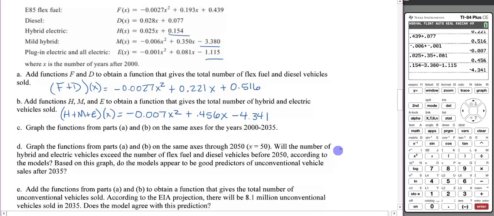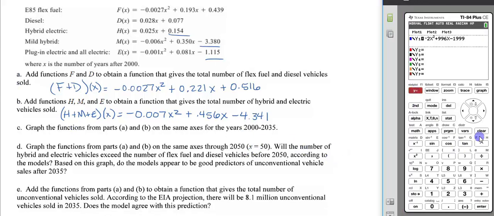Let's graph the functions from part A and B on the same axes for the years 2000 to 2035. Clear out your previous function. We'll enter our two functions that we've obtained.